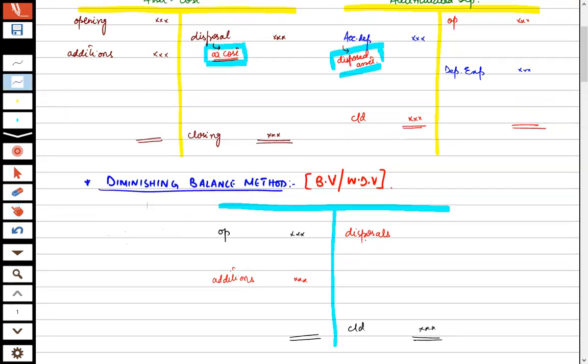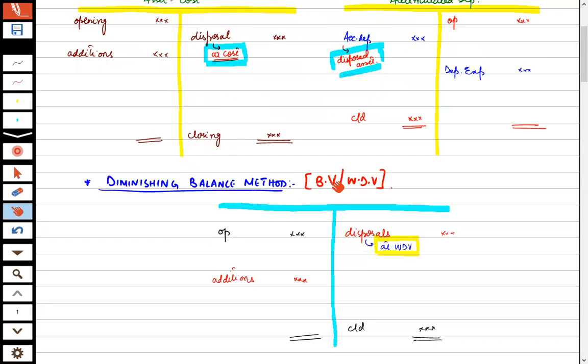This disposal will always be at book value or WDV, that is cost less accumulated depreciation. Clear? Why is that? Because it is the WDV method. We are taking things at WDV, and WDV is cost less accumulated depreciation.